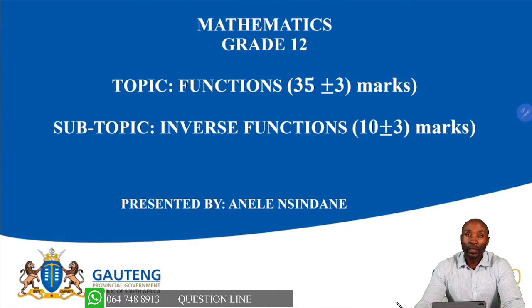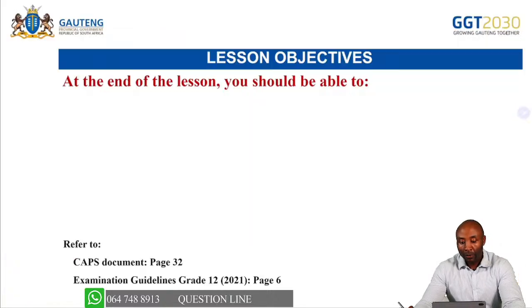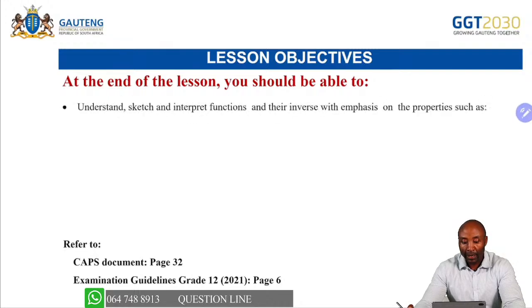Now the functions will have restrictions. If you check last week, we did not have many restrictions there. We were just calculating, finding the equation and sketching. Today we'll look at the ones that have restrictions.